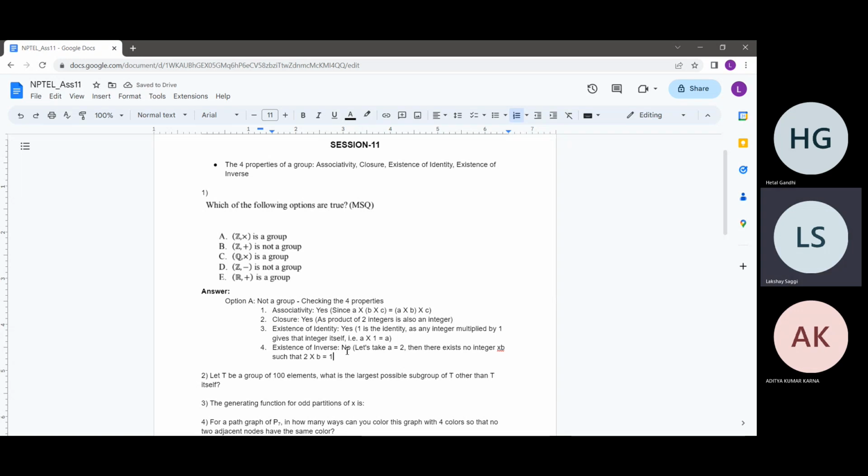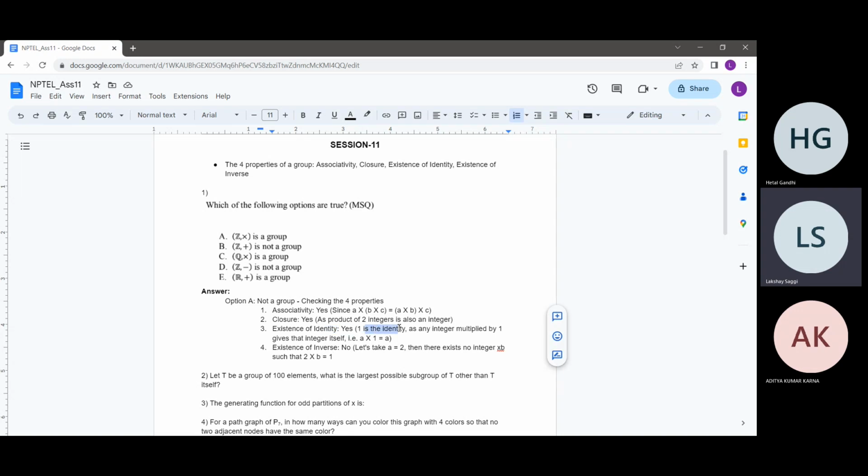Because how did we define inverse? For inverse to exist, we said that a number is an inverse if we obtain the identity back. Like for an integer a, a number a prime is an inverse if a times a prime will give back the identity of that group. And here the identity of the group is 1, as we have already discussed.